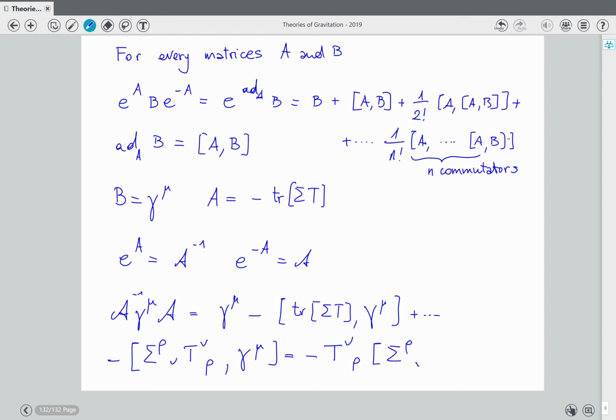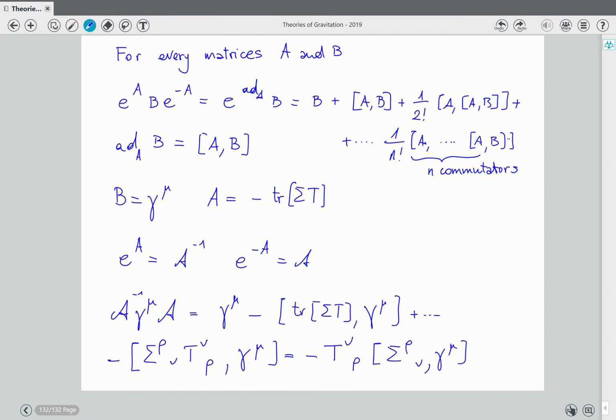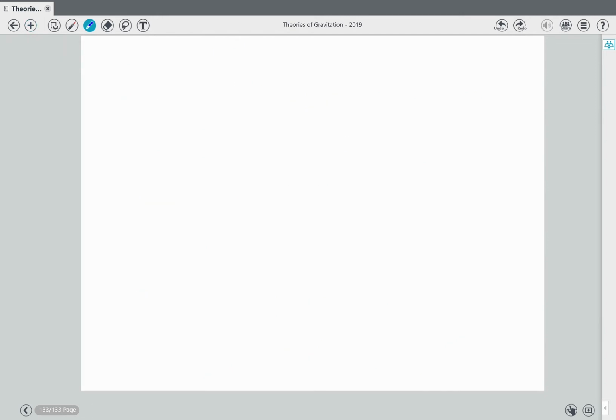This commutator is known. So you have a commutator between sigma, sigma is a commutator of gamma matrices, and the gamma matrix. And there is an identity that you can check.